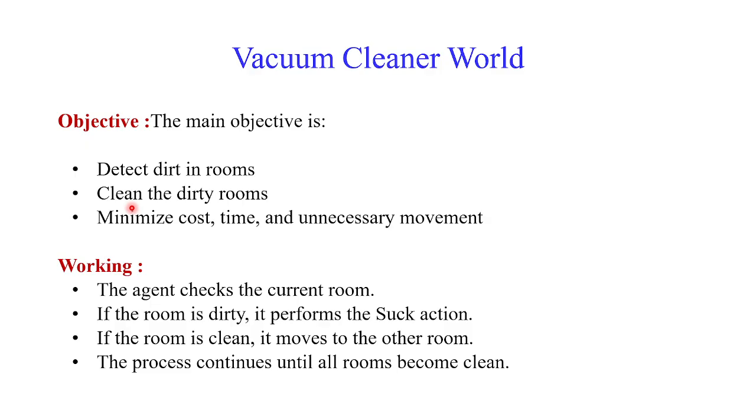First is detecting the dirt. Next is cleaning the dirt. When the dirt is detected, it has to do the suck action. Then it should minimize the cost, time and unnecessary movement. Why? Because to improve the efficiency.